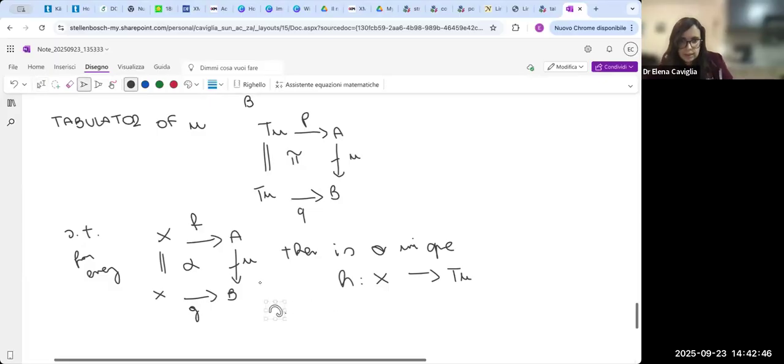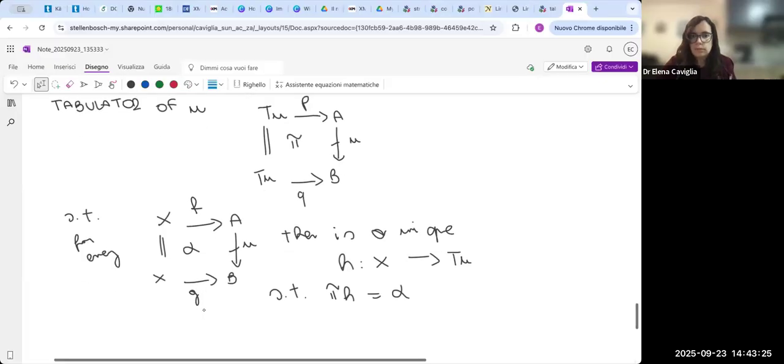such that if we now do this arrow H and then we attach it with pi, like this, so H pi, this is the same as alpha. So we can somehow factor this double cell alpha with our starting double cell pi, including an arrow from X to TU.